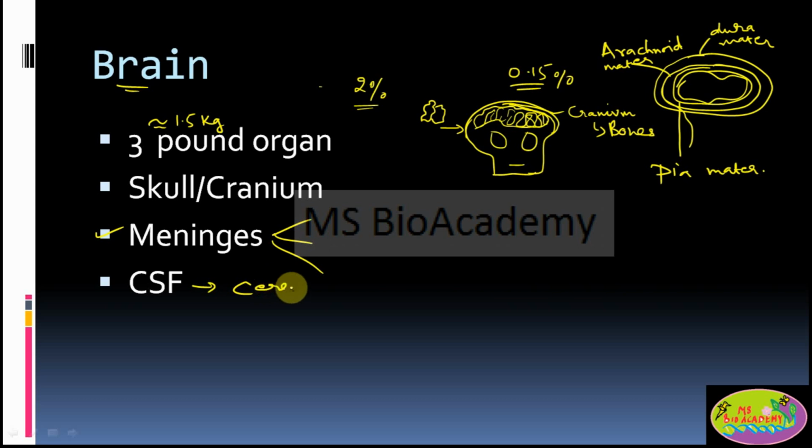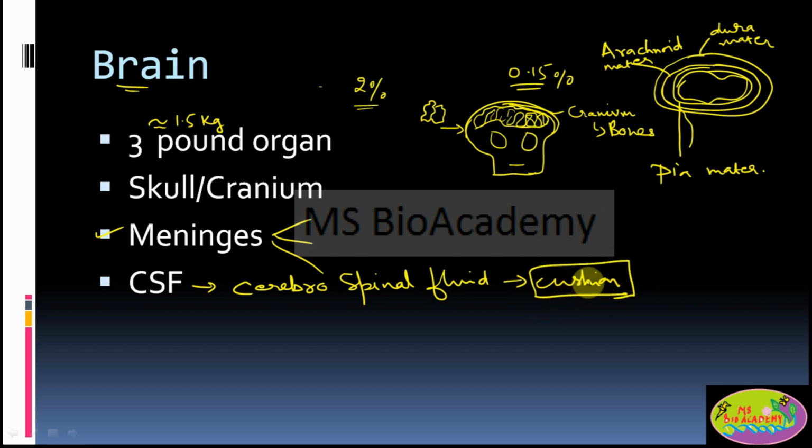So what is the full form of this? CSF is cerebrospinal fluid. Since this is a fluid, you can say the brain is actually floating inside the cerebrospinal fluid, and what is this fluid doing? It is giving a sort of cushion. You have cushions in your house, and they are very soft, right? They give you a cool comfort zone and a cozy feeling.